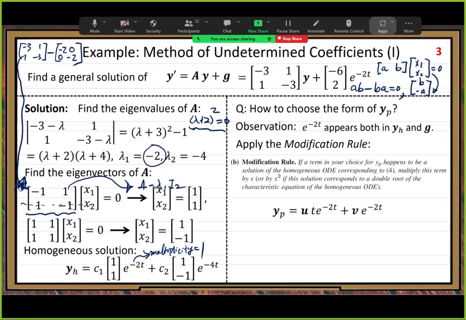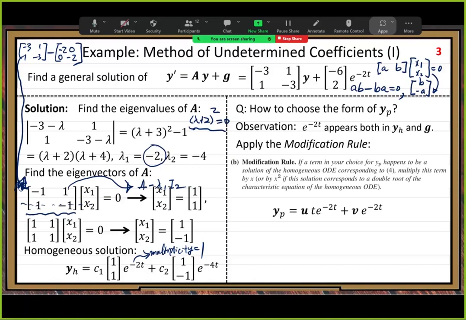So here, YP, based on this one, has the U vector and V vector, two vectors to be determined. Look at the title: method of undetermined coefficients. What are undetermined coefficients? Here, these U, V, these two vectors, we treat them as undetermined coefficients.